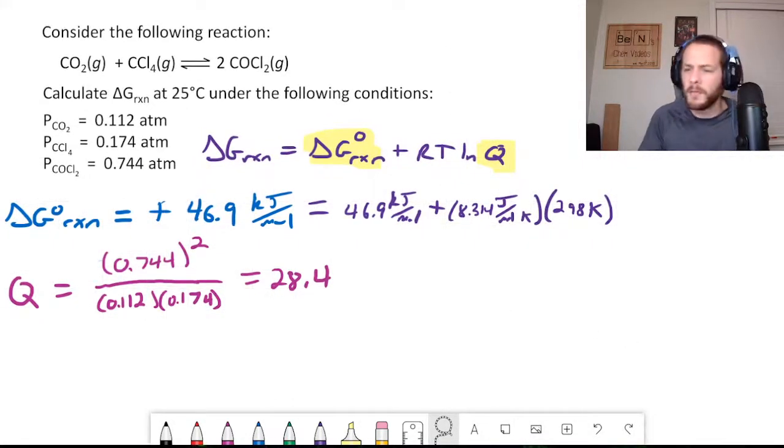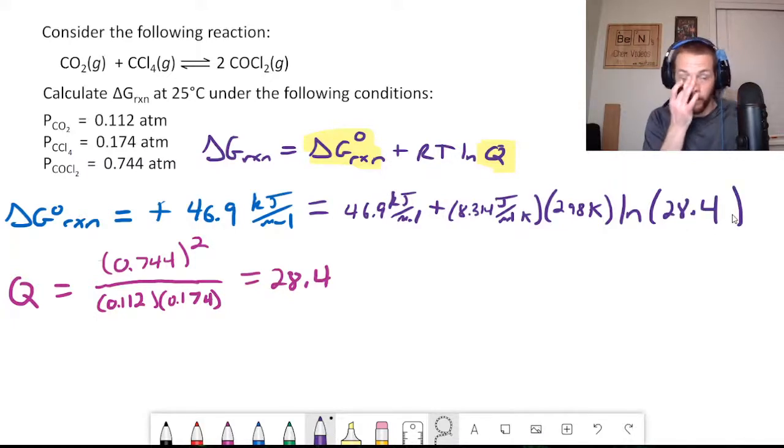Okay, so we have R, 8.314 joules per mole per Kelvin. T, the temperature, 298 kelvins. And then we have the natural logarithm of the reaction quotient. So the natural logarithm of 28.4, right? Okay, so we got a lot of calculating to do.